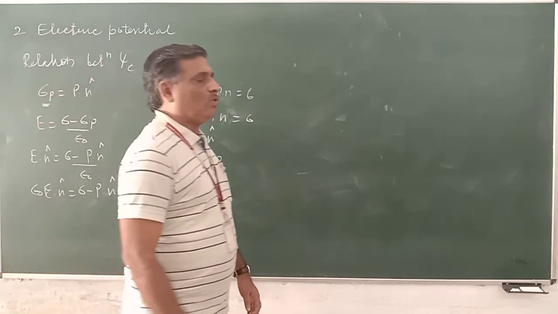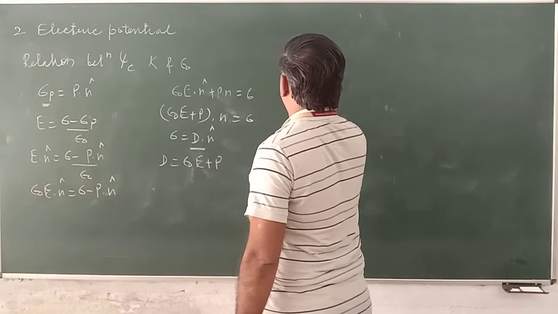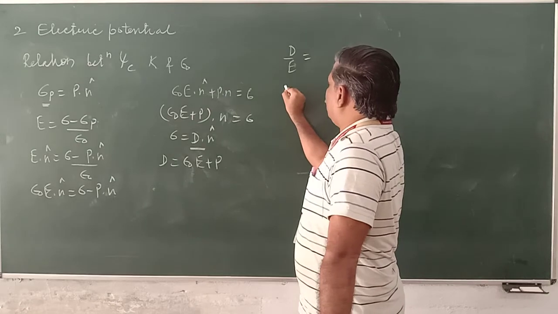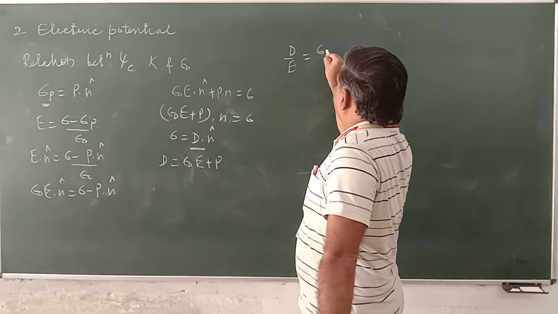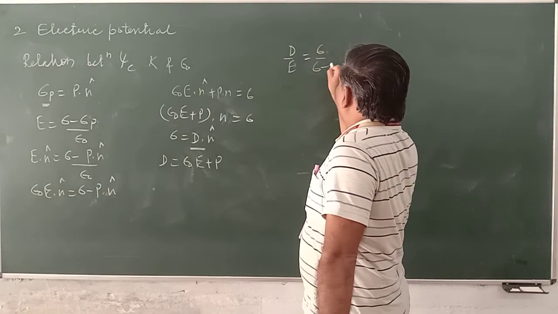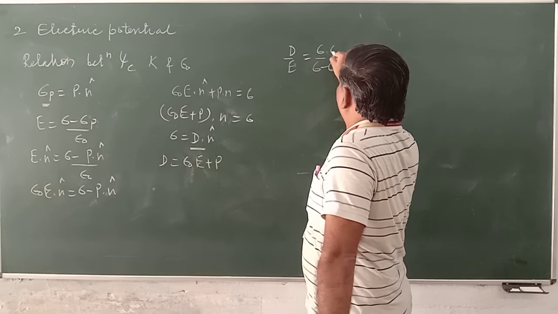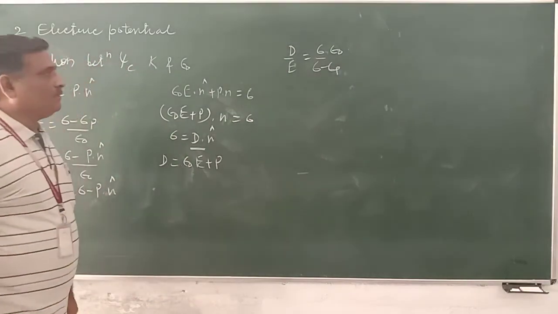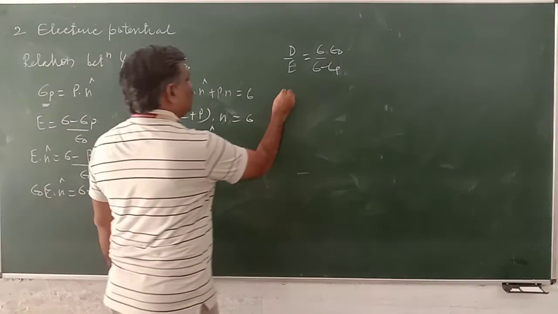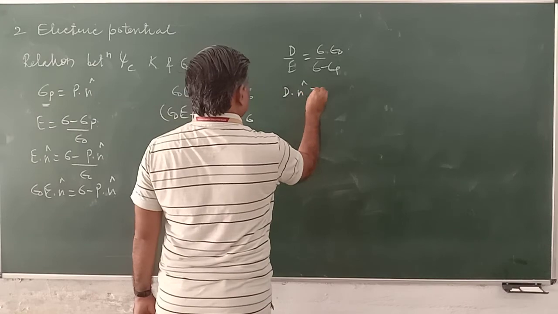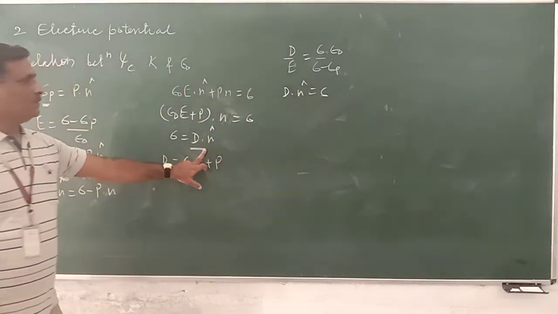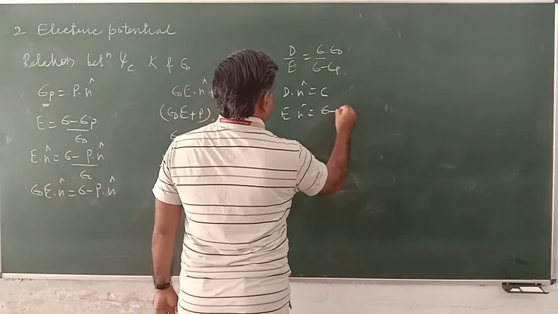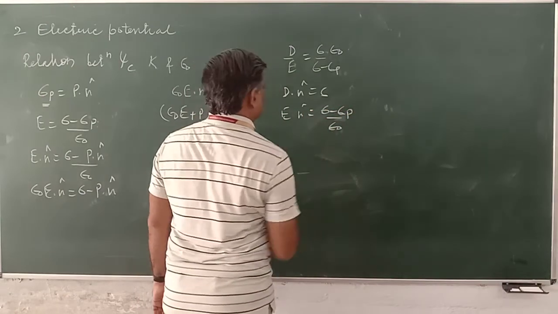Now we can take the ratio of D by E. We know D dot n is equal to sigma from this one, and E dot n is equal to sigma minus sigma p divided by epsilon 0.